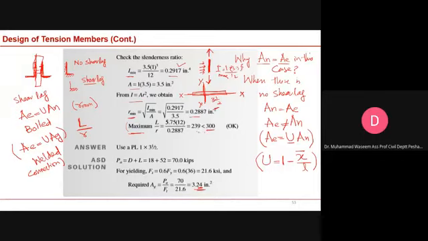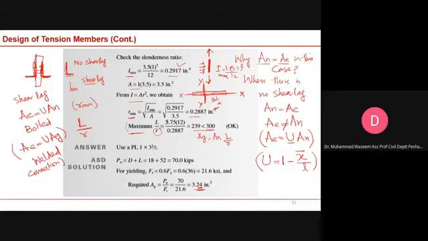If you are getting an L by r, or slenderness ratio, greater than 300, you have to increase the radius of gyration, or change and revise your design. So the gross area is okay, we have checked in LRFD that our net area is okay, and our L by r ratio is okay.